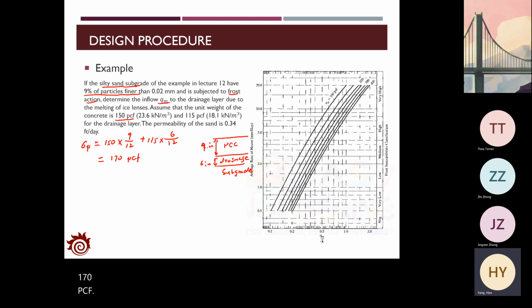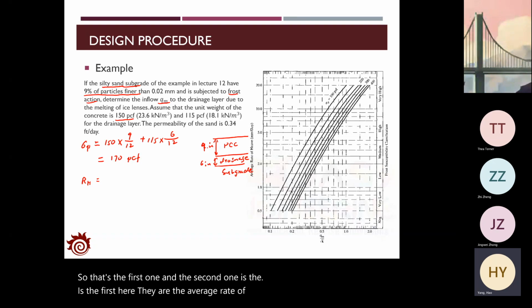So that's the first one. And the second one is the average rate of the heave. Here we know that the percentage of the fine particles is 9%.